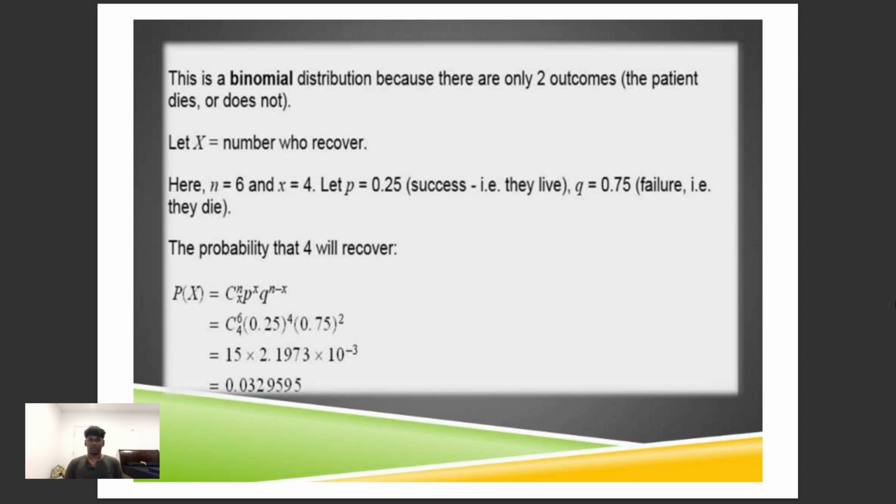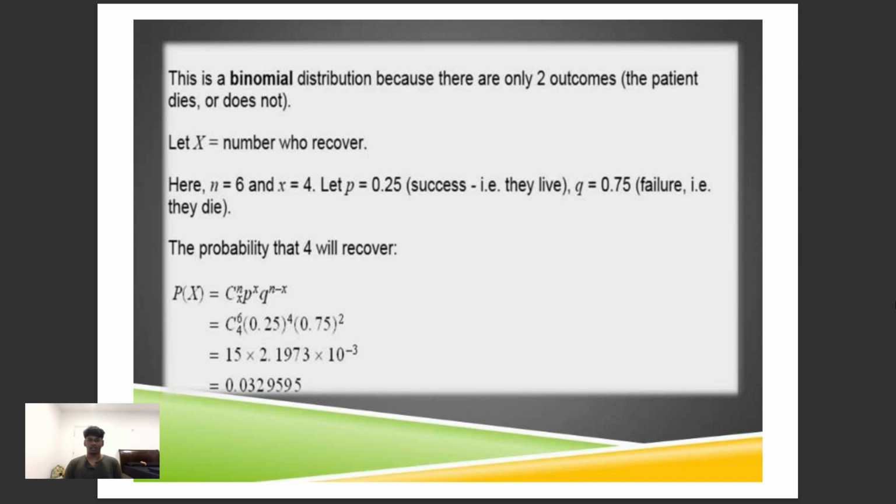This is also a binomial distribution because there are only two outcomes: the patient dies or not. Let x be the number who recover. In here, n is 6 and x is 4. Let p, the probability of living, be 0.25 and q, the probability of dying, be 0.75.